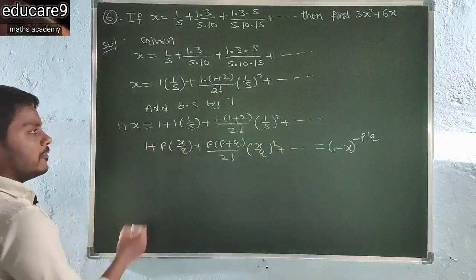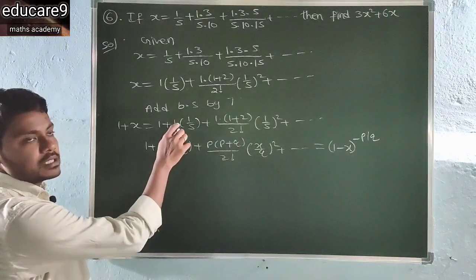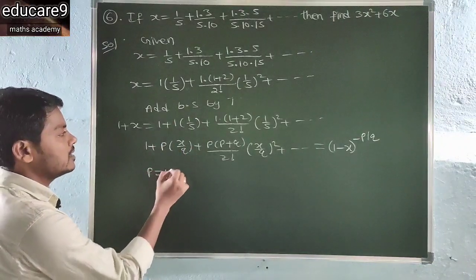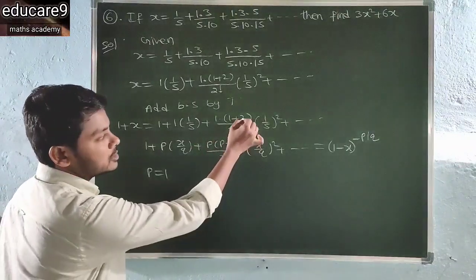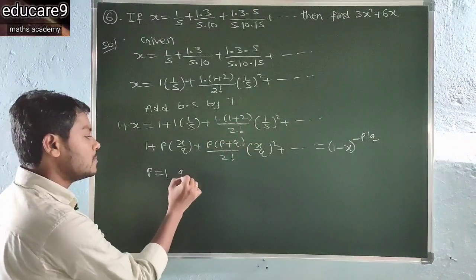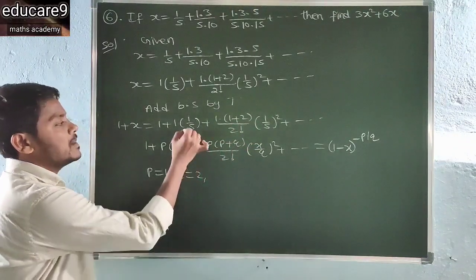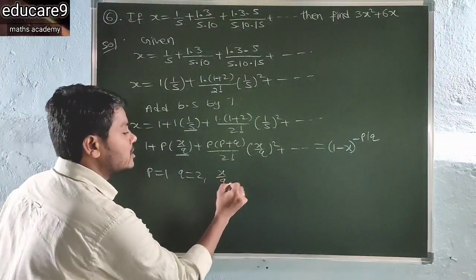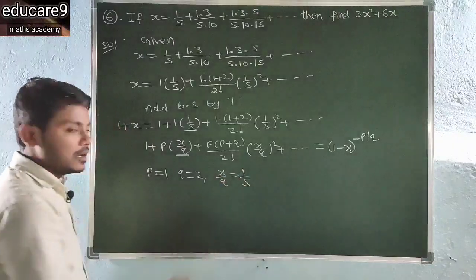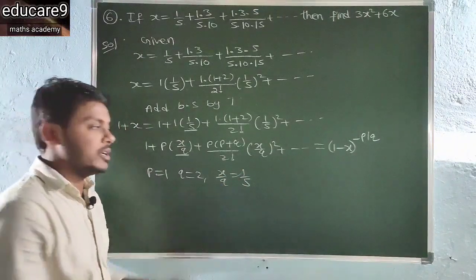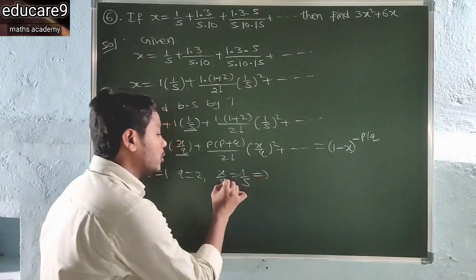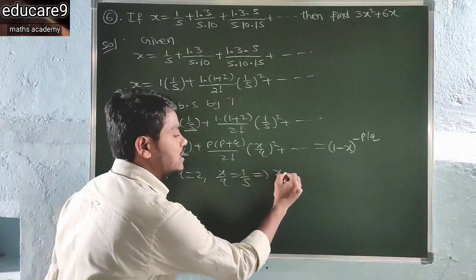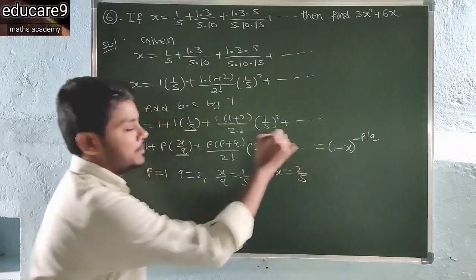So here, therefore, what is the p value? Comparing this, p is equal to 1. So what is the q value? q is 2. And what is the x/q value? x/q is equal to 1/5. Now substitute the q value here. What you get? x/2 is equal to 1/5, that is x is equal to 2/5.